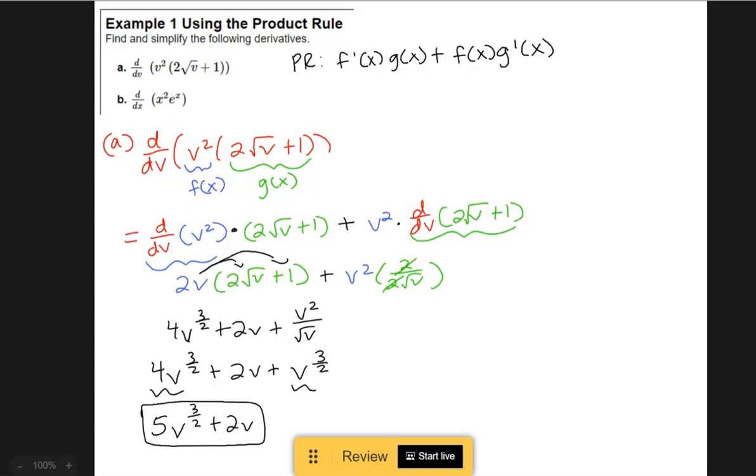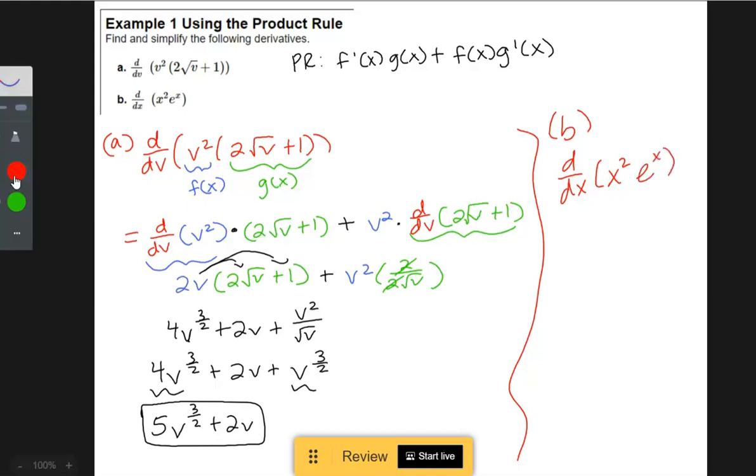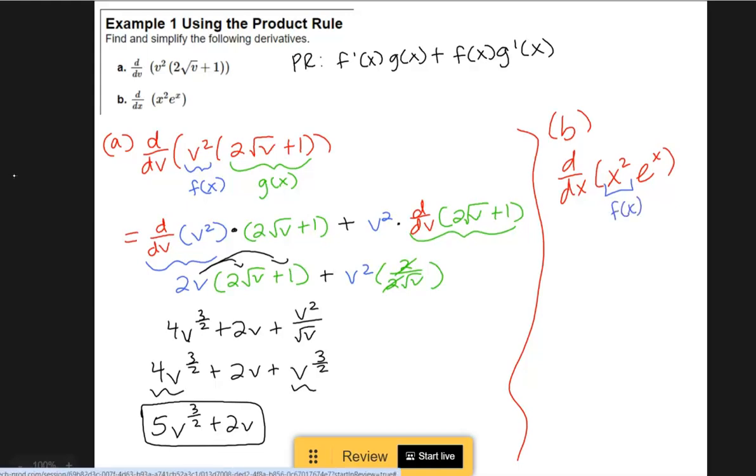Okay, let's look at b. So I would call our f of x x squared, and then our g of x would be e to the x.